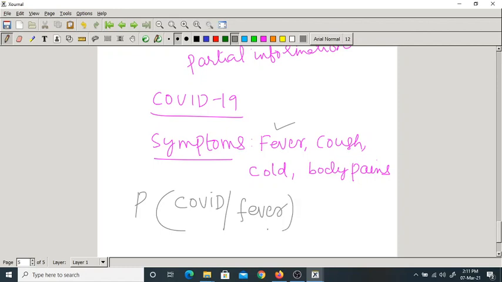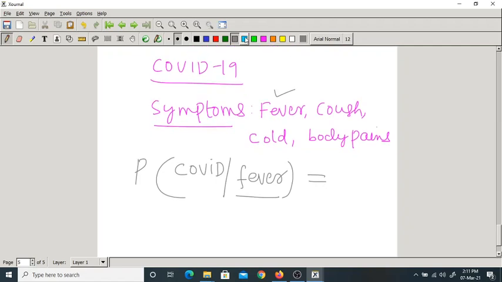Okay. Now, what do we know about that person? We have some information about that person's condition. What is that? He has got fever. Now, knowing that he has a fever, what is the probability that he will be COVID-19 positive? So this is called conditional probability. Okay. You can also find out in the reverse way, what the probability is that he will be a COVID patient given that he has body pains.